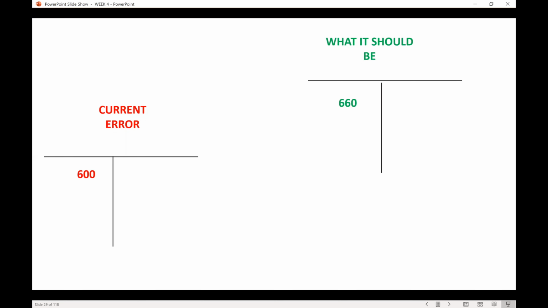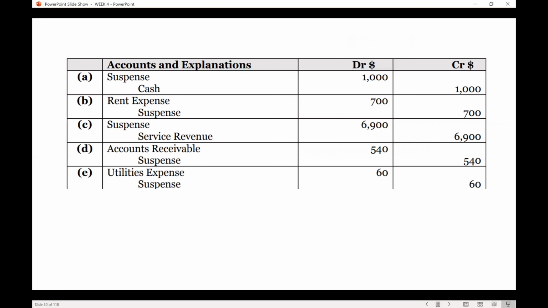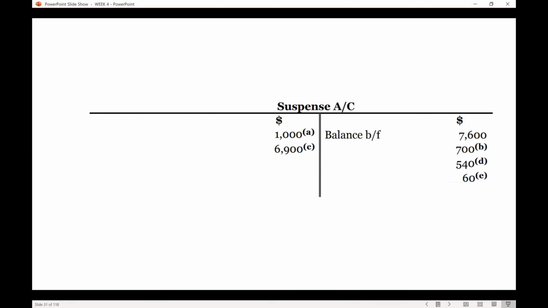So what we have is $660 less. So how do we correct that, right? What we do is debit the amount that it's understated by. And if you would have closed it, you would have gotten it to be what it should be, which is a debit of $660. So to journalize this error, we'll be debiting utilities expense $60 and crediting suspense $60, right? And we're showing what our suspense account looks like.